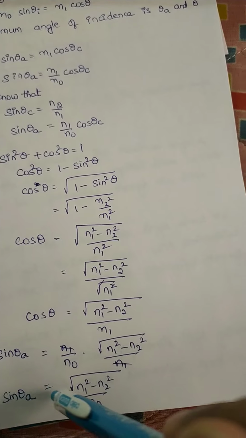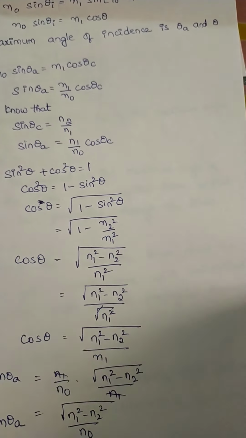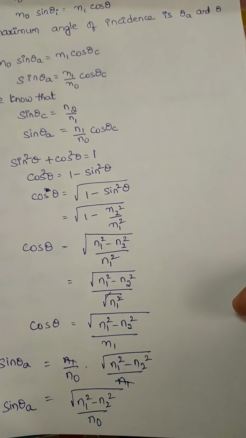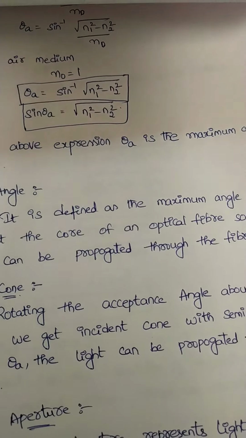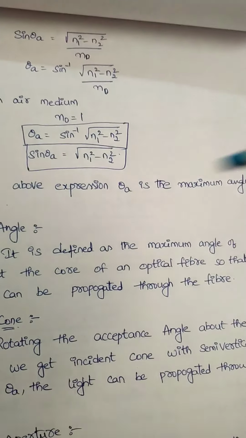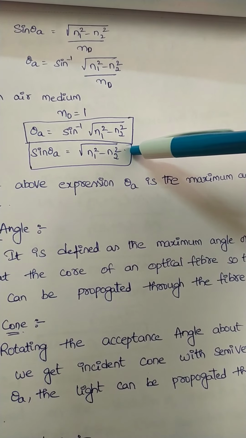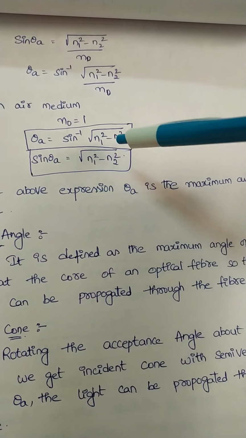So sin theta A is equal to root of n1 square minus n2 square by n0. If we consider that n0 is the air medium, n0 is equal to 1, then sin theta A is equal to root of n1 square minus n2 square. So theta A is known as the maximum angle of incidence.